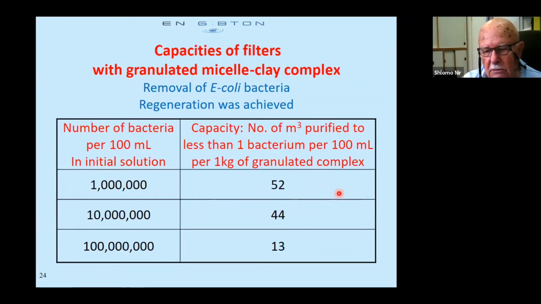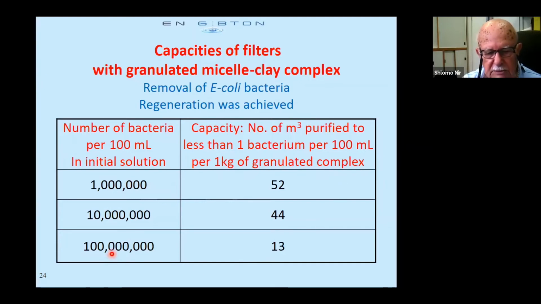Many filtration experiments of E. coli bacteria enable us to generate tables of the capacity. The capacity means here a number of cubic meters purified to less than 1 bacterium per 100 ml per 1 kilogram of granulated complex.